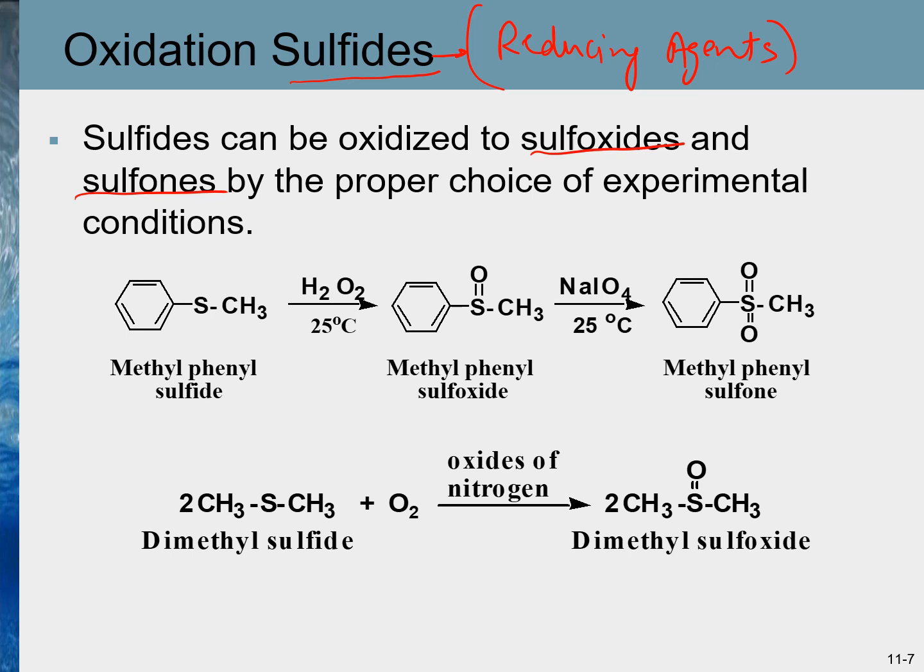For example, hydrogen peroxide at room temperature can convert sulfides into sulfoxides. Other oxidizing agents such as sodium periodate can also bring about the same oxidation reaction, and sodium periodate can further oxidize sulfoxide into sulfone. So in sulfone, sulfur is bonded to 2 oxygen atoms, and in sulfoxide it has only 1 oxygen atom bonded to the sulfur atom.